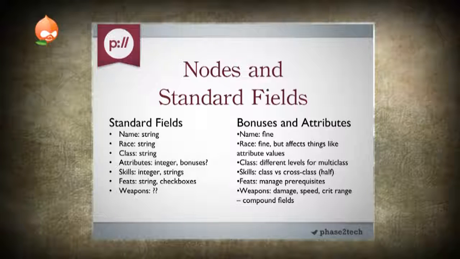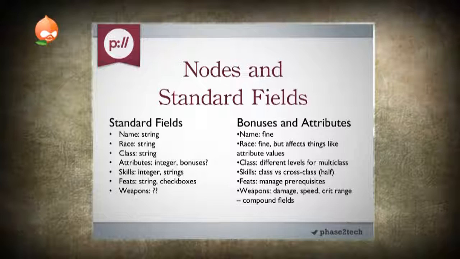Well, attributes, okay, those are integers, easy enough. You set your integer range from 3 to 18, or maybe from 0 to 20, or 0 to 30 if you're playing epic level stuff. But then you have to worry about bonuses and temporary modifiers to those scores, and we'll deal with that later. And then it just starts breaking down when you start looking at skills, because those might be integers, they might be strings, they could be checkboxes, but you have maybe 60 skills if you're playing out of the core handbook, or maybe 120 or 160, depending on how many more rule sets you start adding.